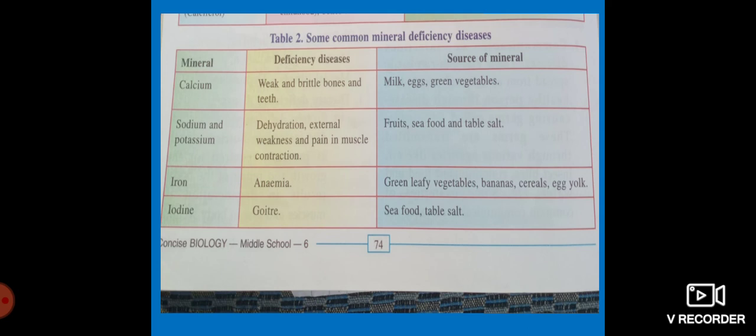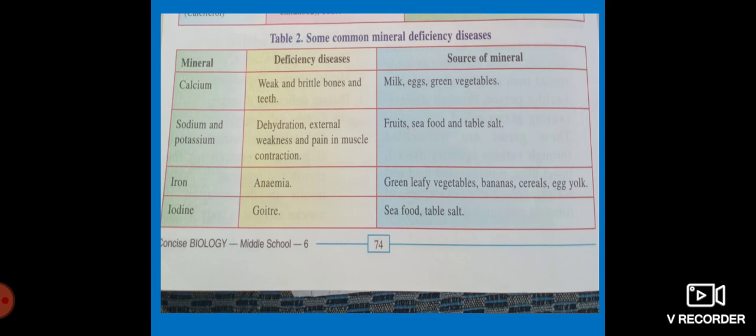So our body needs calcium, sodium and potassium, iron, iodine, etc. Deficiency of these minerals results in different diseases. Examples: deficiency of calcium causes weak and brittle bones and teeth, and sodium and potassium causes dehydration and external weakness and pain in the muscle contraction.